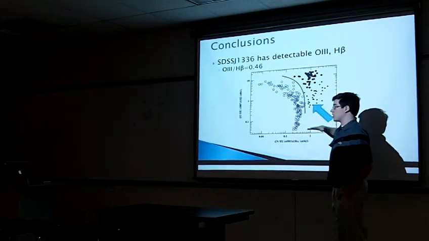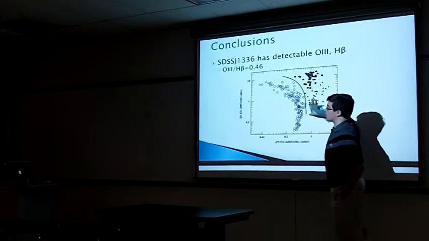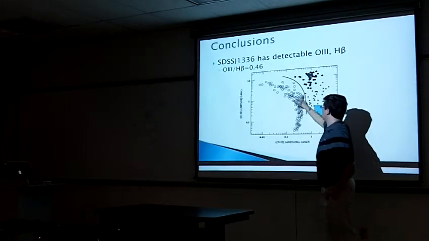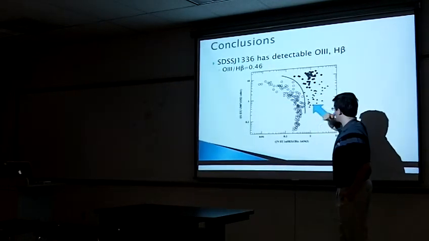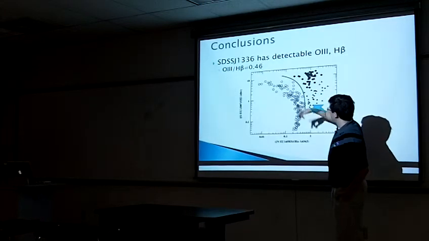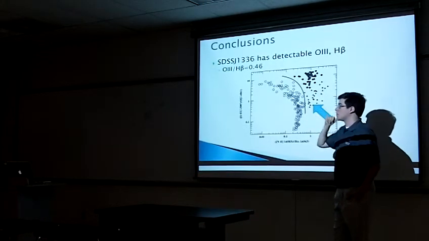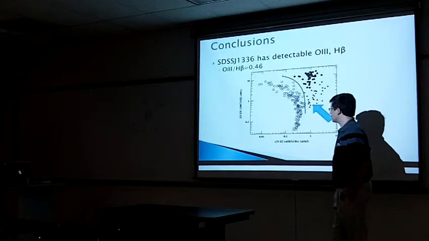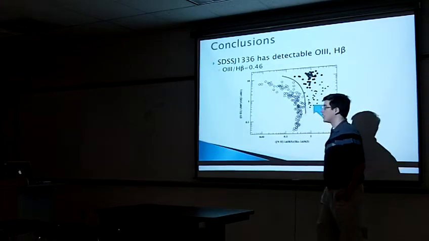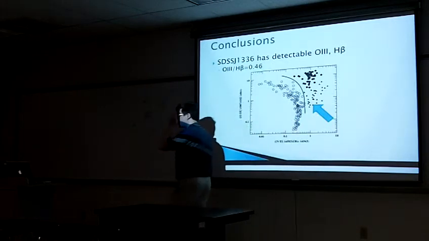All the extragalactic detections are over here, and there's a clear distinction between the two. And when I plot the 0.46, it comes out right. You can almost guess what H alpha is by your analysis, right? Yeah, you have to be in that small area. Okay. Any other questions?